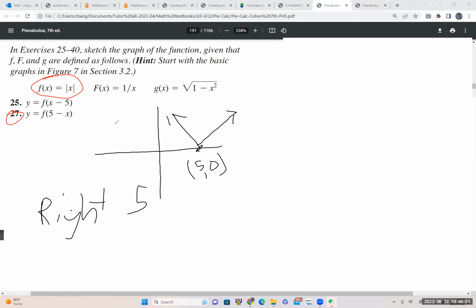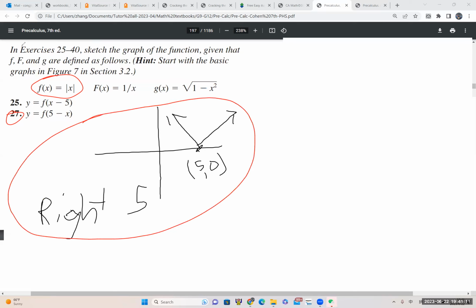Right 5. Just right 5. Yeah. Okay, hold. Then let's keep this for the absolute value function, right? Now for the second one, I'm not too sure. Yeah, let's just talk about the first one, second one.